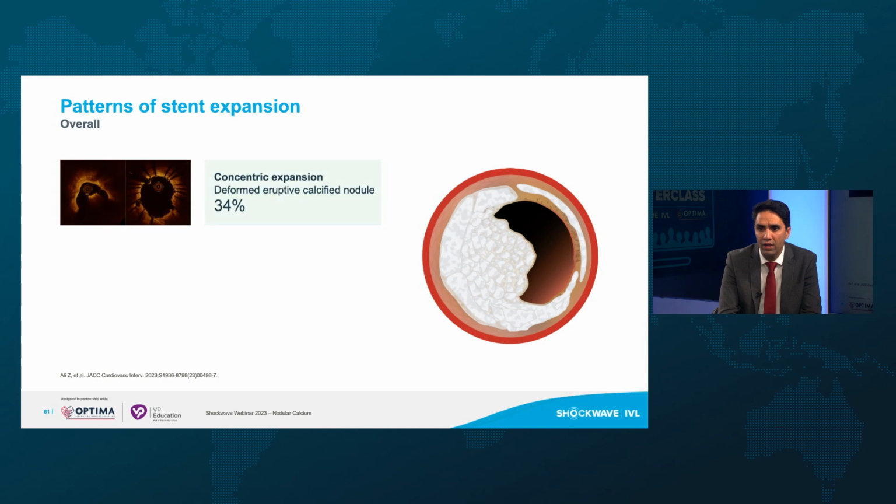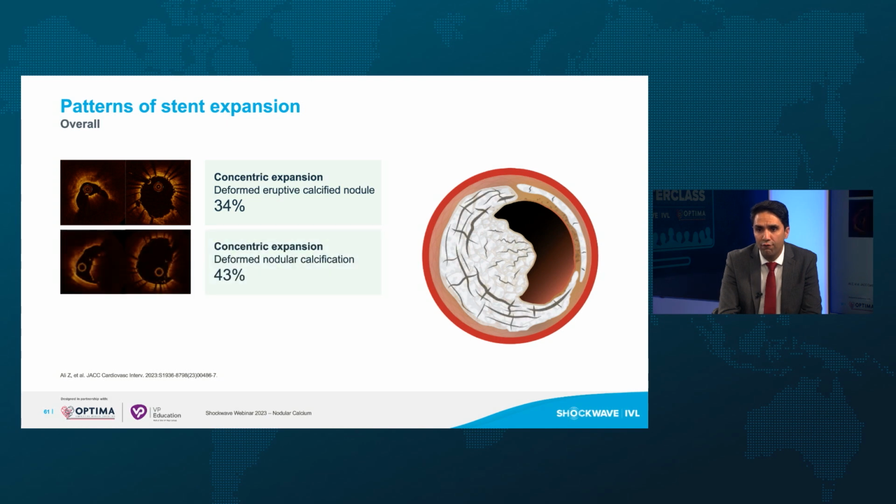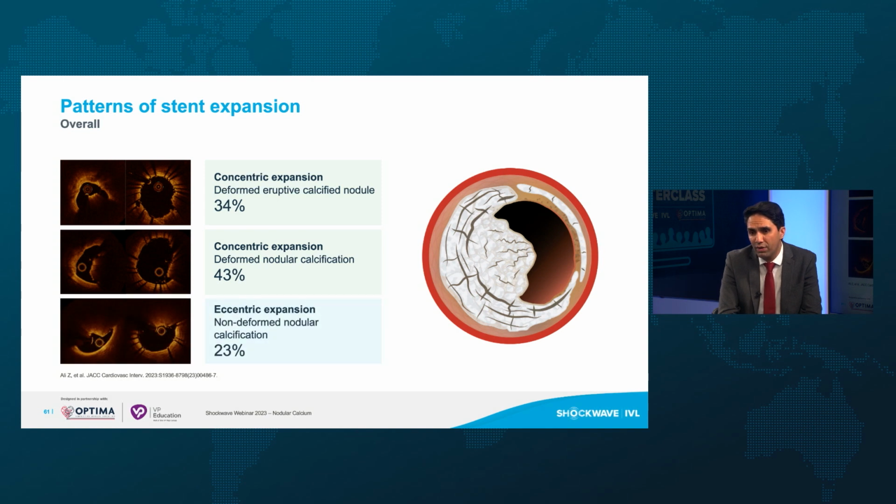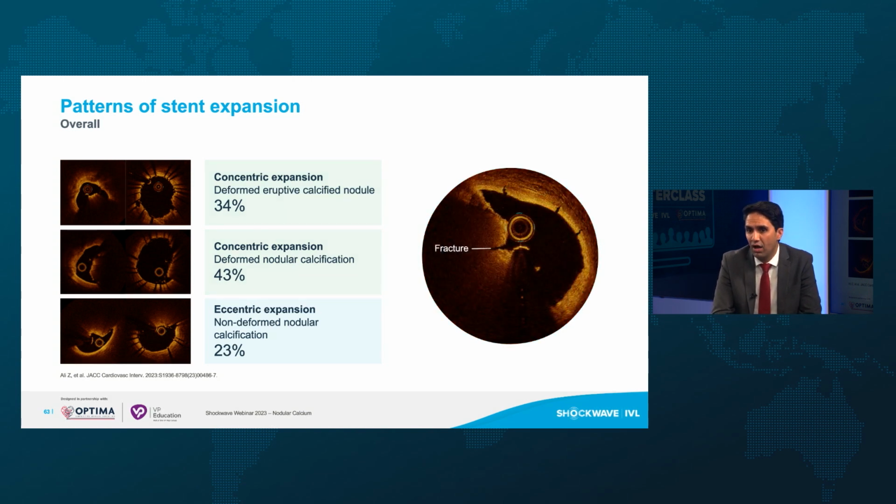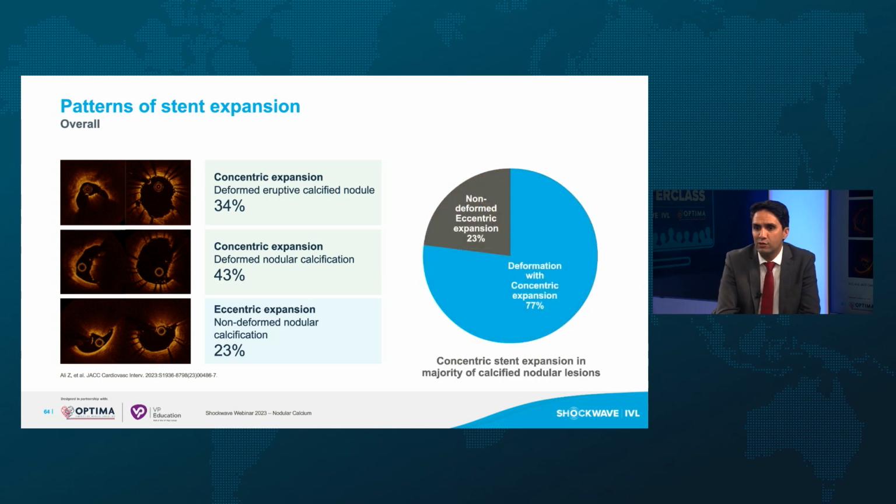So overall, it's important to remember that we got 34% of patients who had deformed eruptive calcified nodules, 43% with deformed nodular calcification, and only 23% of patients had eccentric expansion with non-deformed nodular calcification. So in English, what that essentially means is that almost 80% of calcified nodules that were treated with IVL were either deformable or became deformable, leading to excellent stent expansion.